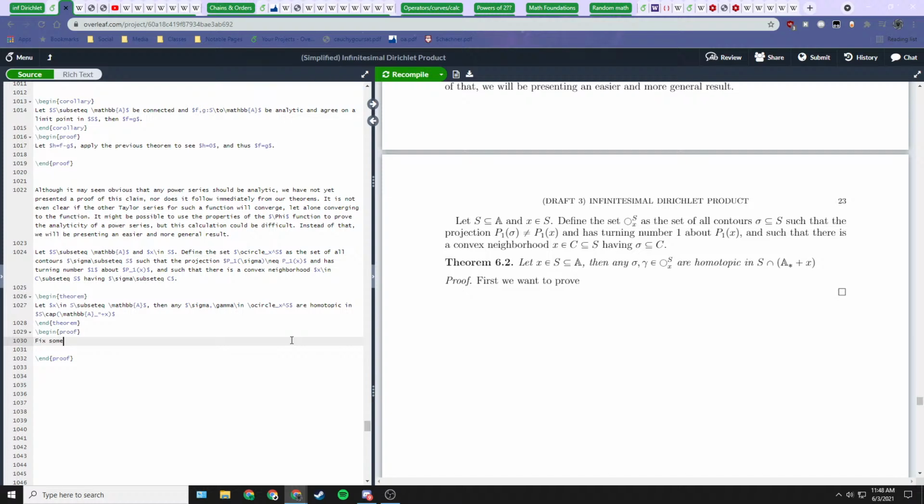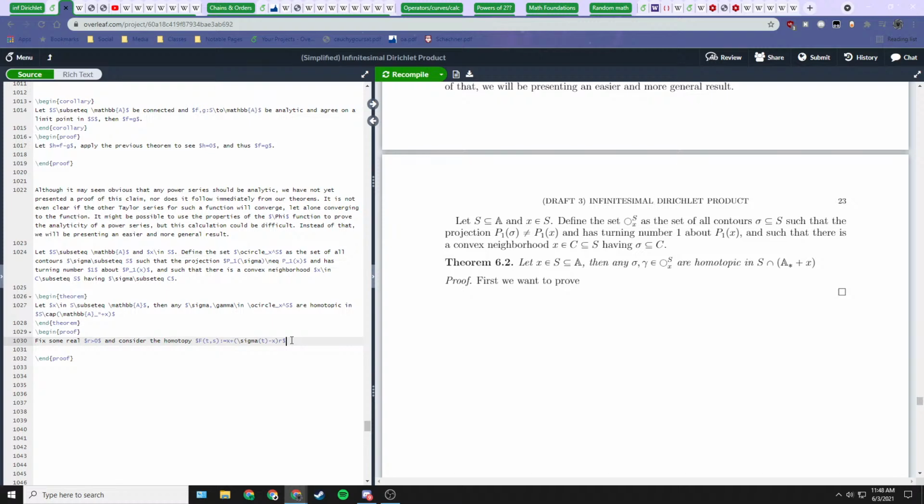So we'll say fix some r greater than 0, some real number, and consider the homotopy, we'll have f of t, s defined as equaling, so what do we want to do? We want to take the curve sigma at its point t, and we want to scale it in the direction of x. So I'll have x plus sigma t minus x times r.